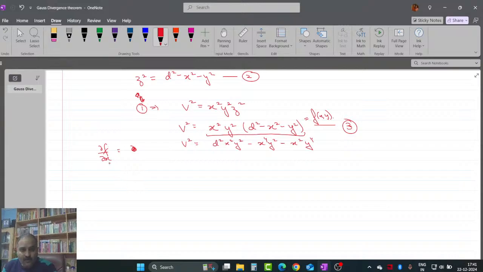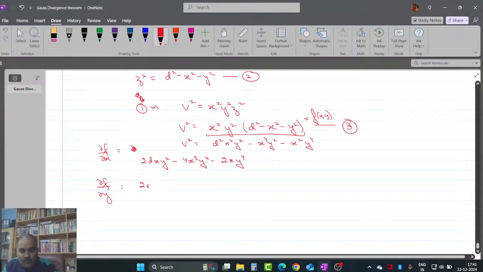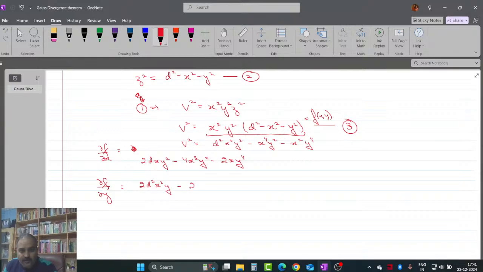So ∂f/∂x will be equal to 2d x y square minus 4x cube y square minus 2x y raised to power 4. Now ∂f/∂y is 2d square x square y minus 2x raised to power 4 y minus 4 times x square y cube. So these are the two values of this part.